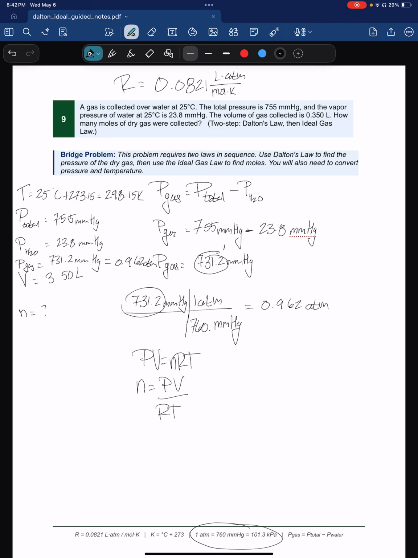I can plug everything in. n is equal to the pressure, 0.962 atmospheres, times my volume, 3.50 liters, over my gas constant, 0.0821 liter atmospheres per mole Kelvin, times my temperature, 298.15 Kelvin.